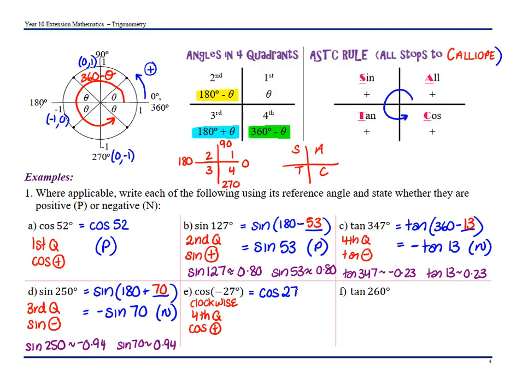And again, go to your calculator, type in cos of 27, and you'll get approximately 0.89. Type in cos of negative 27, and you'll get the same answer. So verify that you're doing them correctly.